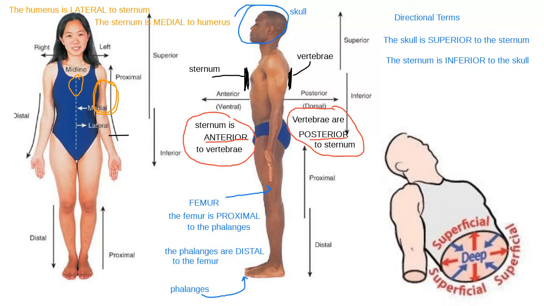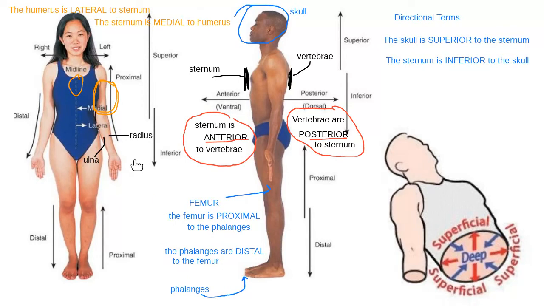When you feel the thumb side of your forearm, you're feeling a bone called the radius. Next to the radius, on the pinky side of your arm, is a bone called the ulna. So in your forearm, you have two bones, the radius and the ulna.